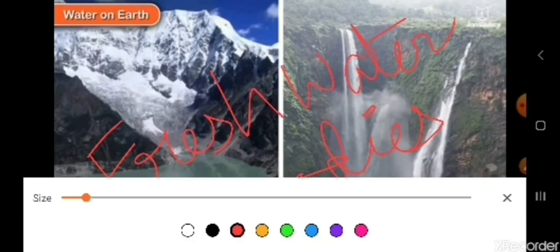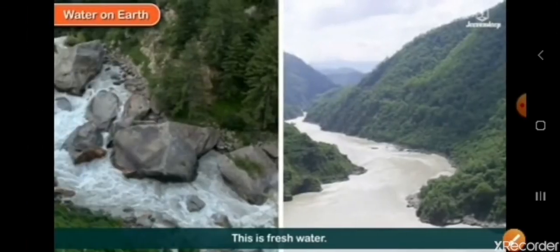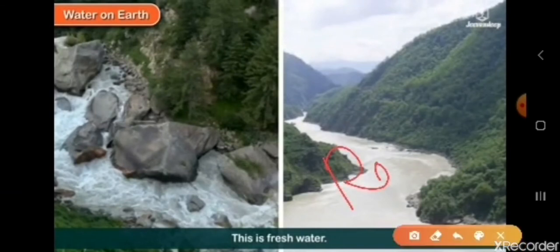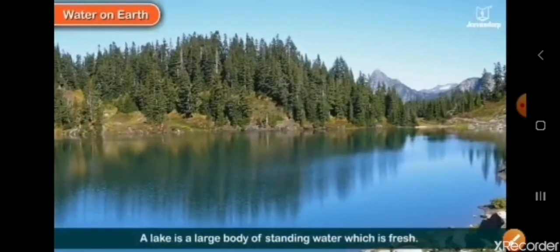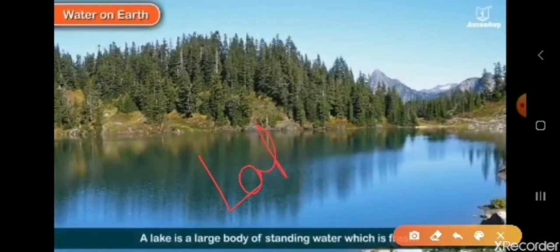Now some other fresh water bodies are river or stream. These are the freshwater bodies. Now, these are lakes. These are another freshwater bodies, but they have still water.